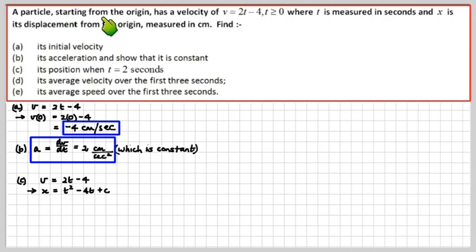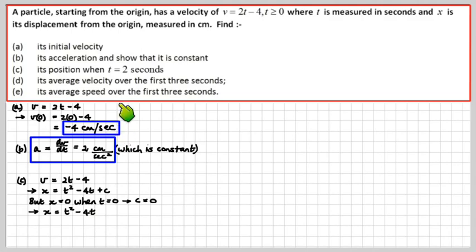Yes, starting from the origin, which means when t was 0, x was 0. That's actually a clue. So we substitute here, this is 0, this is 0, to get the value of this. And therefore C is going to work out to be 0 anyway. Therefore now I've anti-derived, and I've got my rule for displacement in terms of time.